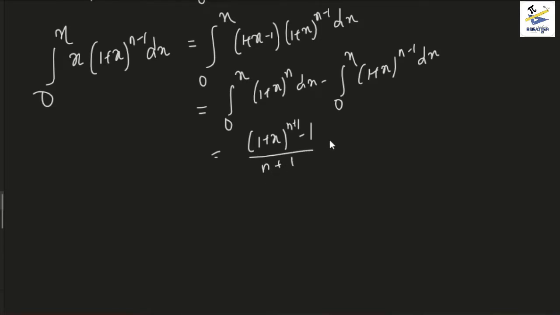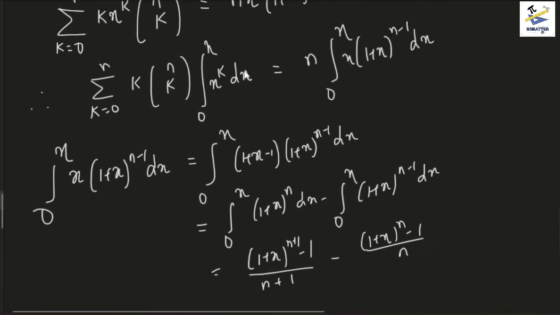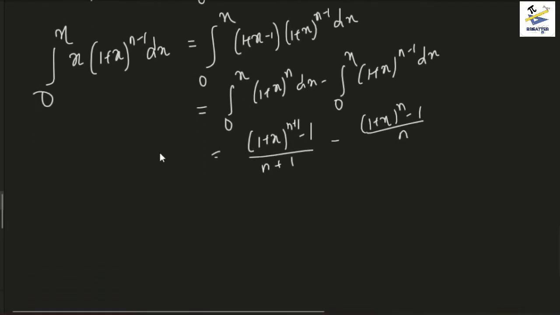Similarly, this one becomes (1 + x) to the power n minus 1 by n. So this is our integration. And on equating it with the integration on the left hand side, we get, k equals 0.